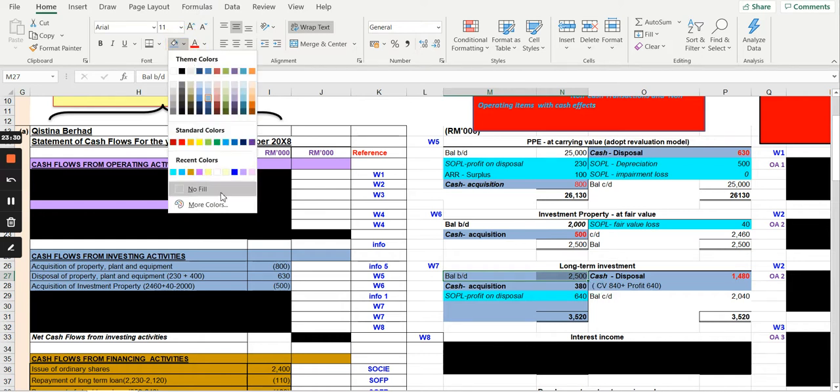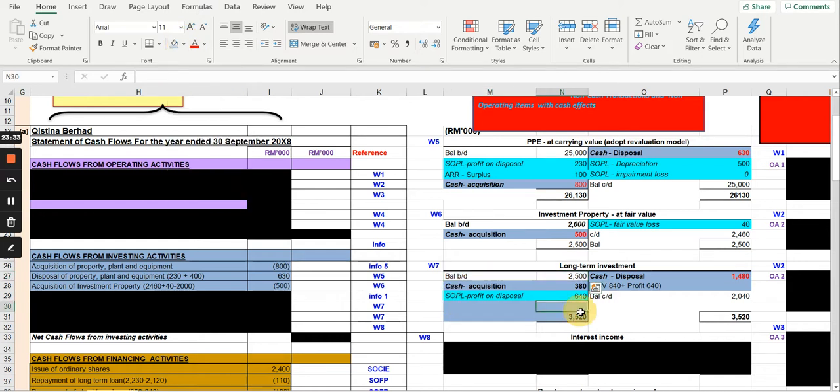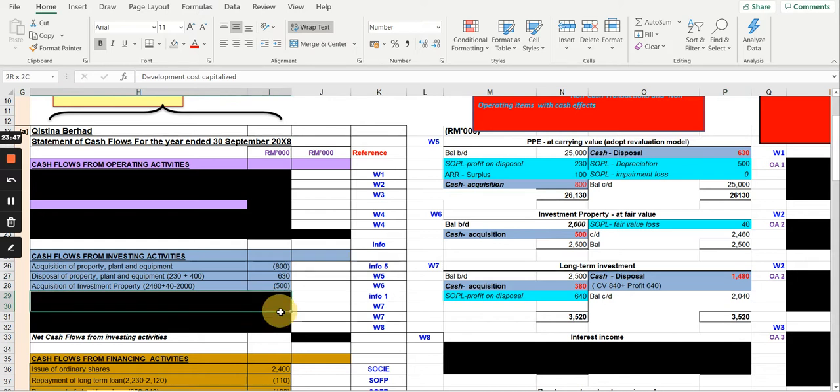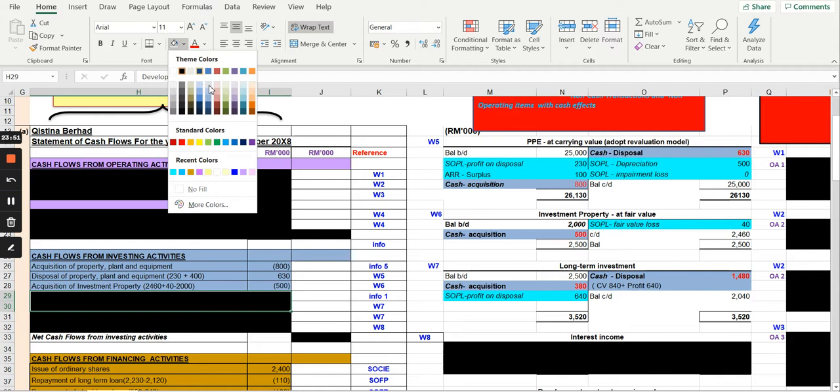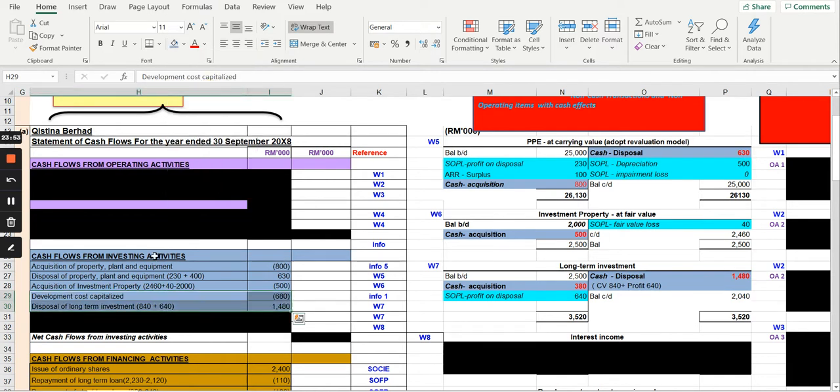So with that, you got your information on investing activity. So put this item 380 and 1480 in your cash flow from investing activities.